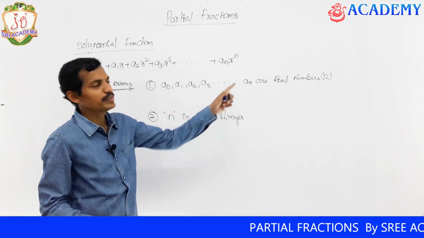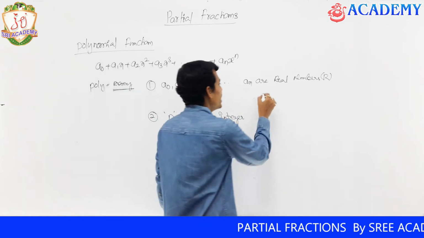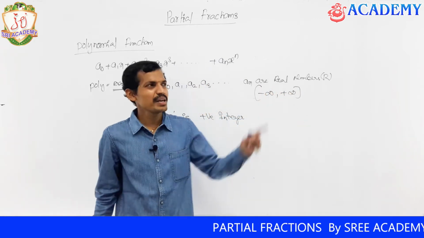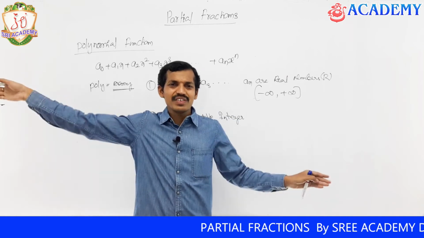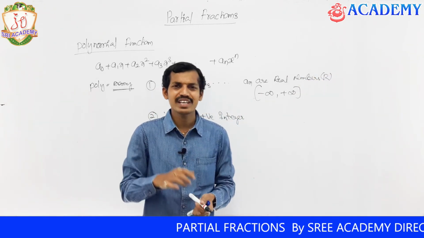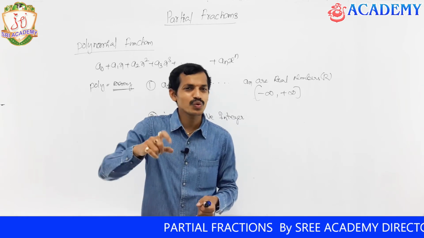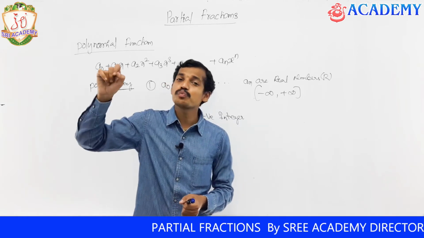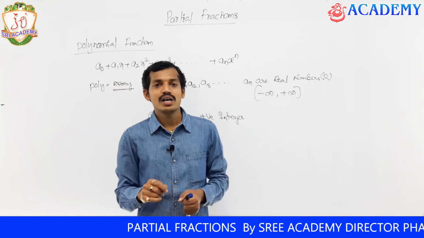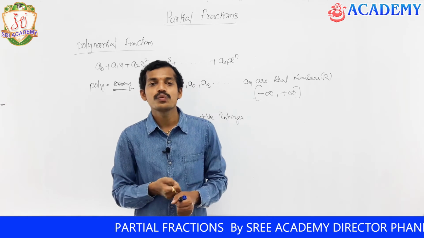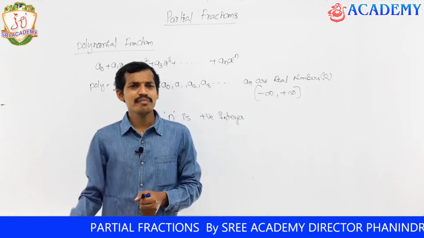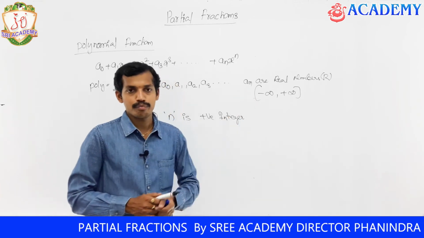See, real numbers means indirectly any number from minus infinity to plus infinity. All numbers are going to be real numbers. That may be any number, minus 2, minus 3, 1, 2, root 23, 22 by 7, 1 by root 23, 1 by root 7 or minus root 22, minus 1 by 3, minus 1 by 23. Like that, every number is going to be a real number.